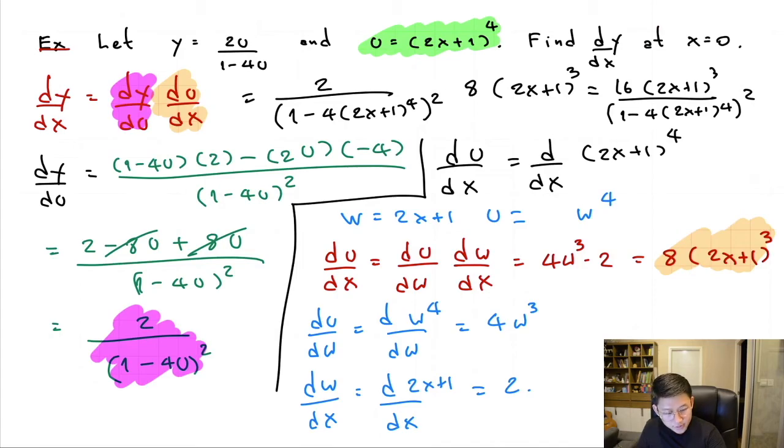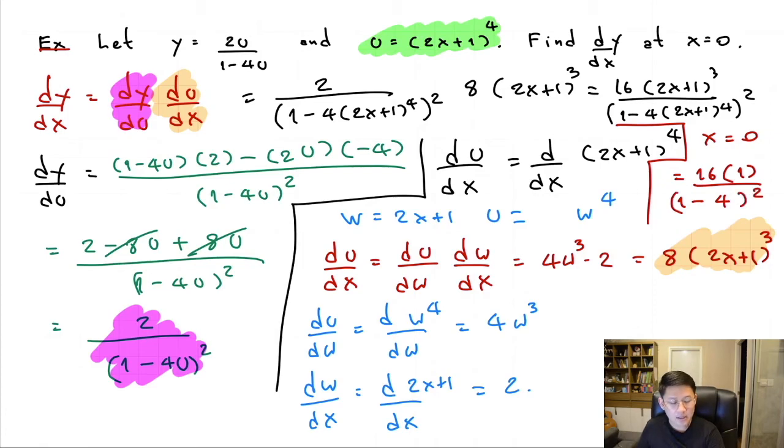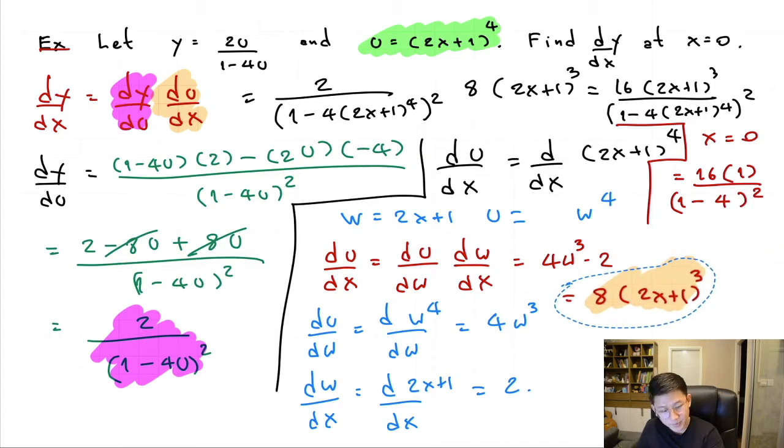If x is 0, this guy equals 16 times 1 divided by 1 minus 4 times 1 to the power of 4, which is just 4 squared, and that is 16 times minus 3 squared, which is 16 divided by 9.